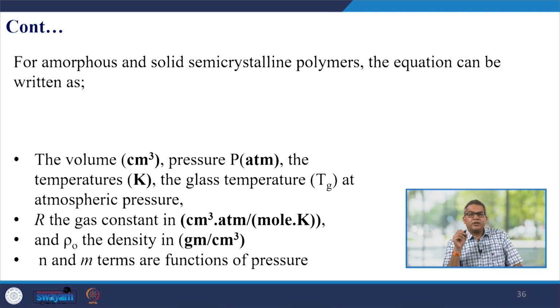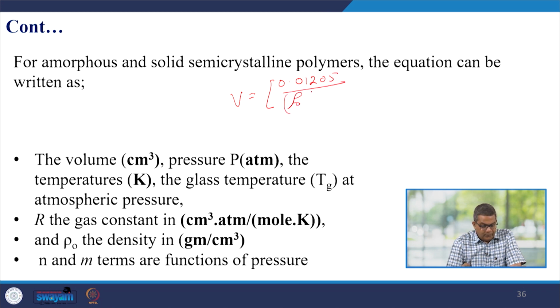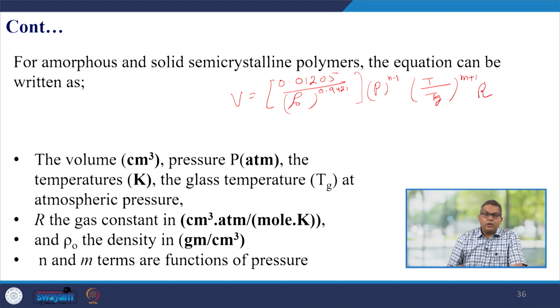So for amorphous and semi-crystalline polymers, this equation can be represented as V = 0.01205 ρ0^0.9421 P^(n−1) (T/Tg)^(m+1) R. Now, the volume is represented in cubic centimeters, the pressure in atmospheres, the temperature in Kelvin, and Tg is the glass transition temperature at atmospheric pressure.